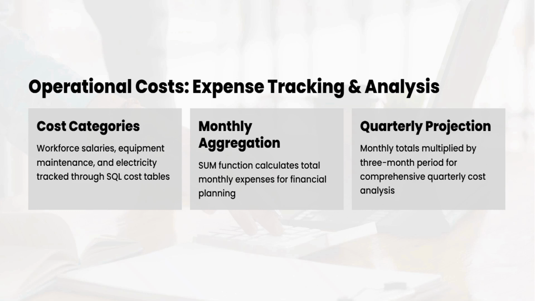We also ensured that the data was properly grouped and organized so that each expense category could be analyzed separately as well as collectively. After calculating monthly expenses, we extended our analysis to estimate quarterly costs. This was done by multiplying the monthly totals over a 3-month period, allowing us to generate a broader financial overview.